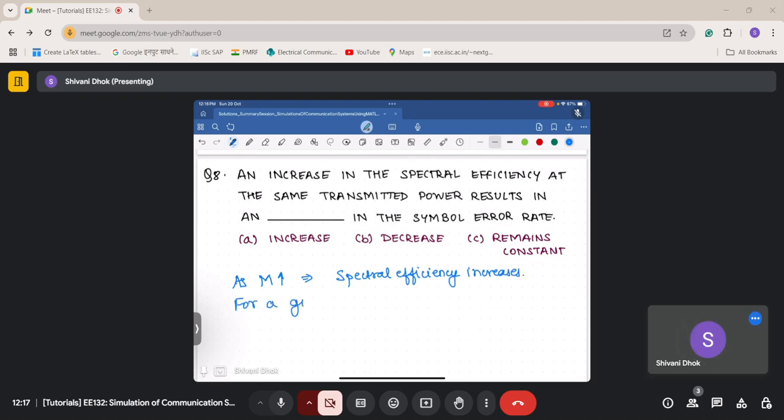For a given, sorry, for a given energy or transmit power, as M increases, the constellation points come closer.